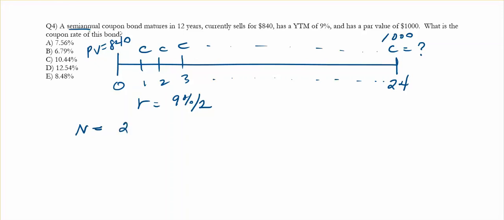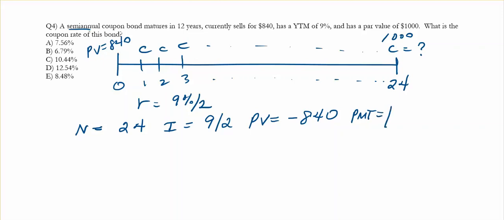Okay, we can plug in everything that we do know about the bond into the financial calculator, remembering to make the PV negative. Solve for payment. FV is 1,000. So 24 N, 4.5 interest rate, 840 negative PV, 1,000 FV, solve for PMT.